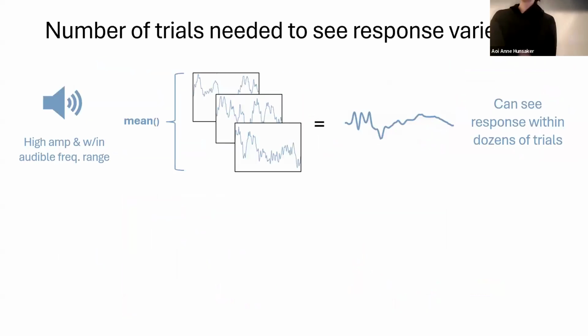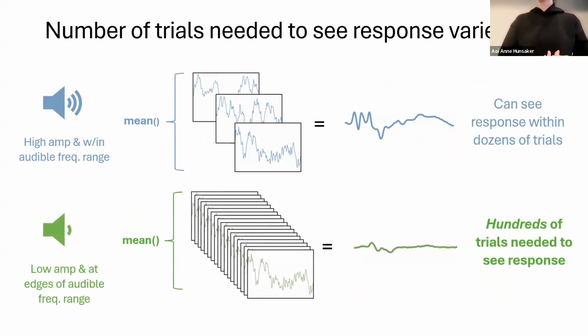But the number of trials needed in the average to recover the response truly depends on the frequency and the amplitude of the sound we're presenting. So for instance, for a signal that is sufficiently high in amplitude and well within the audible hearing range of the animal, you can calculate the mean across a dozen trials and observe a clear auditory response.